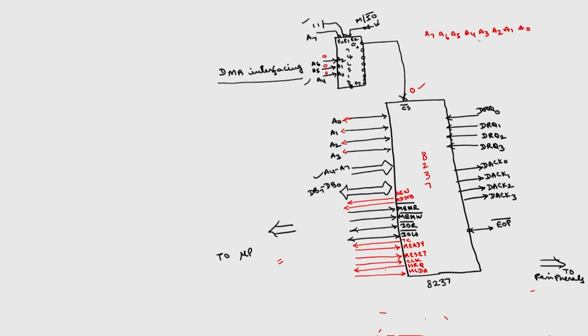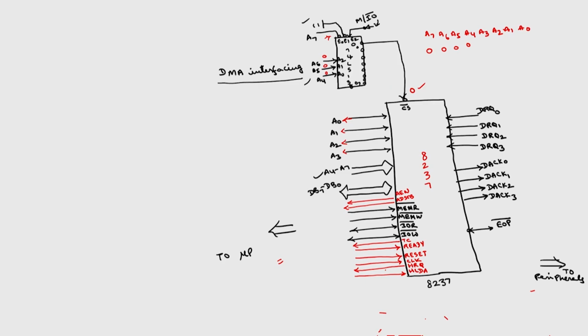So A4, A5, A6 should be 0, 0, 0, and A7 should be 0 because this is connected to E0, which is an active low signal. So, with these 4 zeros this chip will be selected.